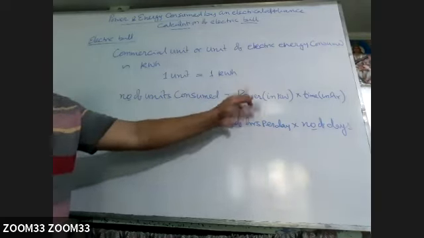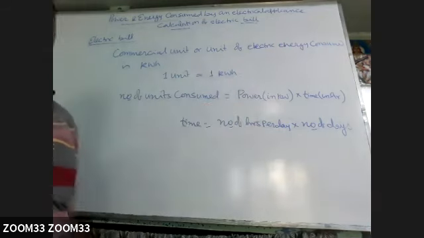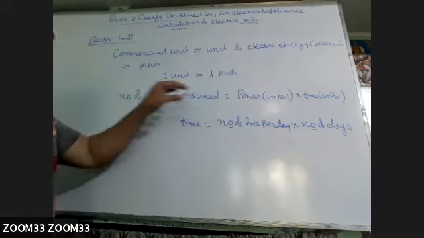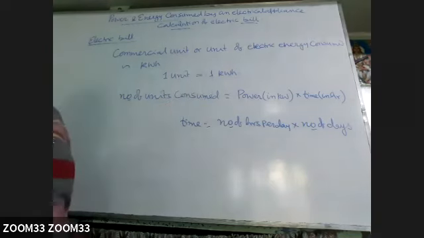If power is given in watt, then we will divide by 1000. Anyhow, we have to express in kilowatt. So we will find first the number of units consumed. And then what will be the electric bill?